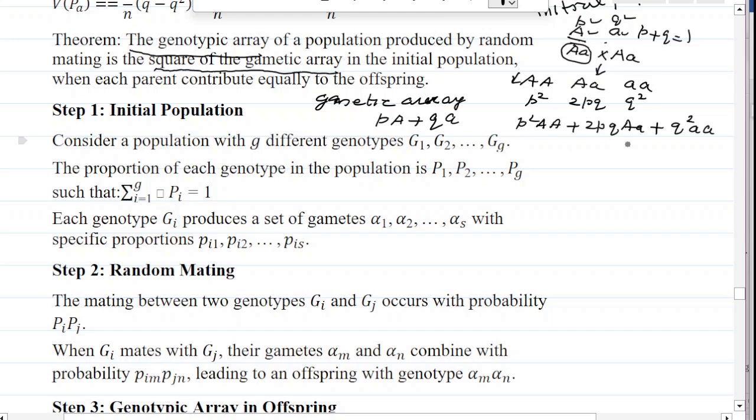So this is the genotypic array in the next generation. Now come to the theorem.